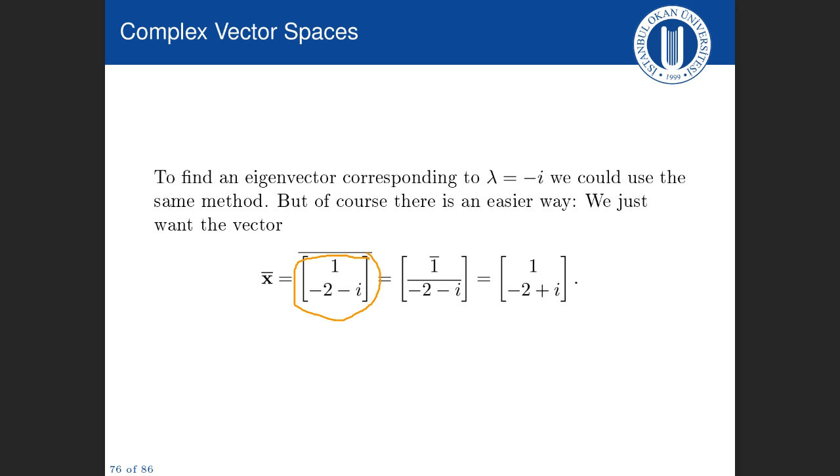We're just going to take the complex conjugate of this. 1 is a real number, so that stays the same. −2 stays the same as −2, and for −i, we change the sign, it becomes +i. And that's all we need to do to find the second eigenvector. So it's calculate one eigenvector and then get the other eigenvector free of charge.